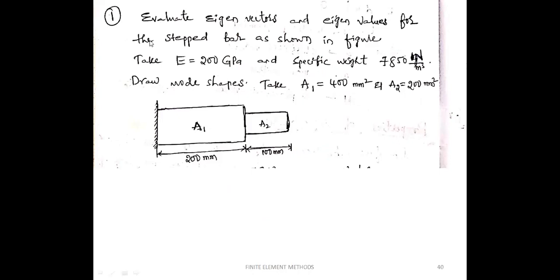Here it is stated: evaluate the eigenvectors and eigenvalues for the stepped bar as shown in the figure, and some data is given. Take E equal to 200 gigapascal, the Young's modulus for the entire stepped bar.